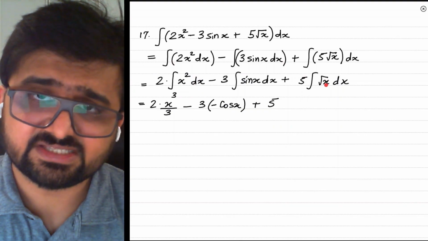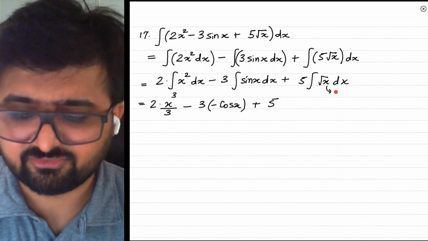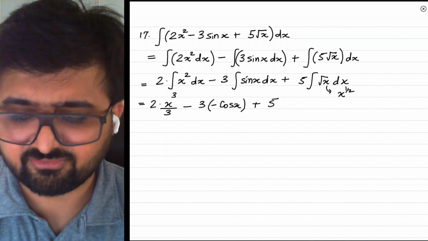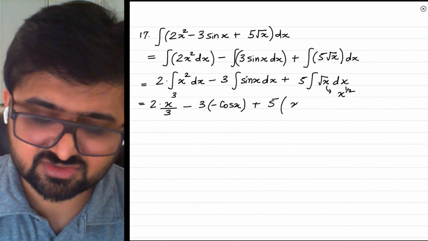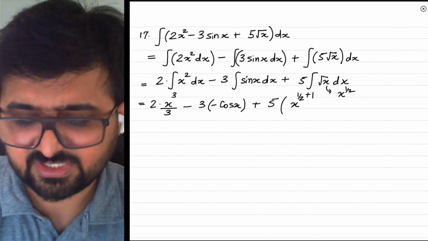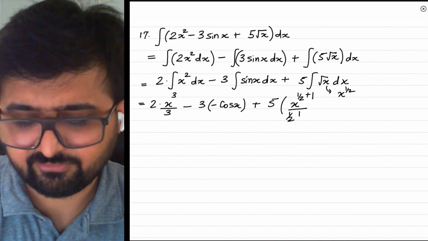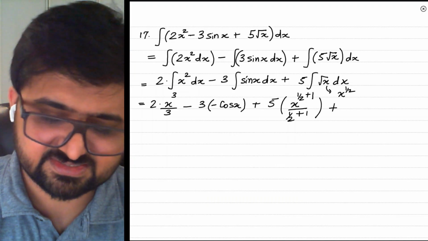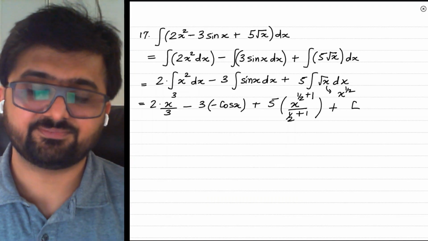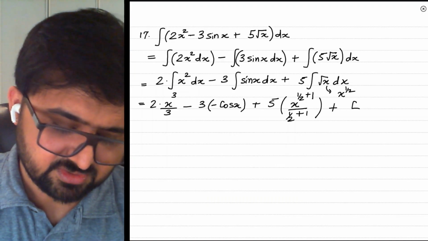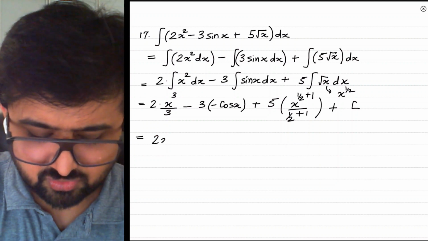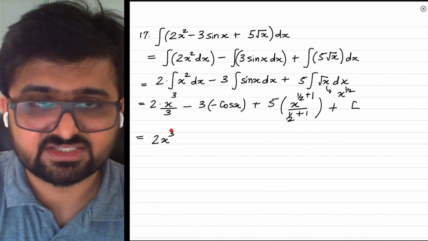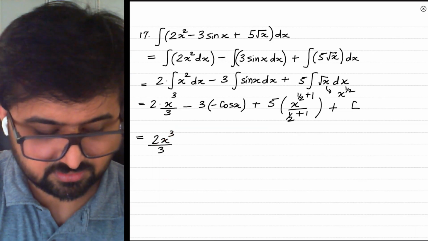By now we know square root of x is x to the power half. So the integral of x to the power half is x to the power half plus 1 over half plus 1, plus constant of integration c. Okay, simplifying a little bit, you get 2x cube over 3.